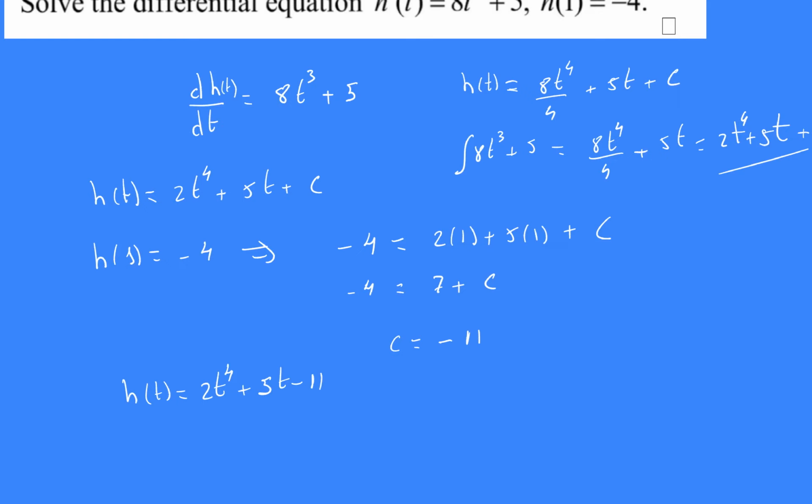It is 2 times 1 to the 4 plus 5 times 1 plus c. So 2 times 1 plus 5 times 1 plus c is minus 4. Then I solve for c. So c equals minus 11. And finally, the solution is that h of t is 2t^4 plus 5t minus 11. This is the solution.